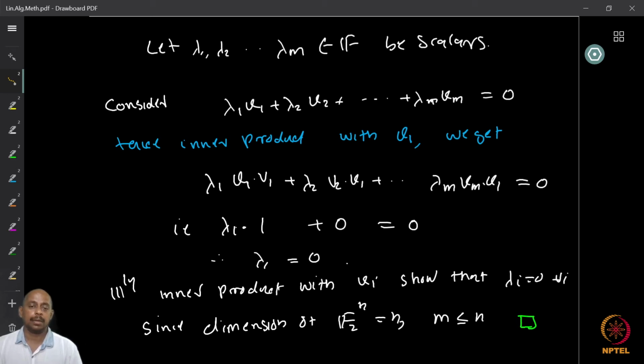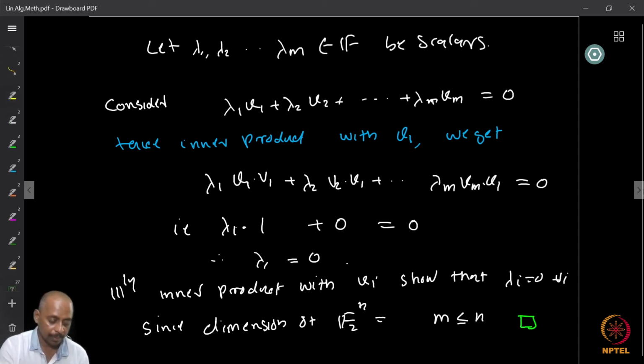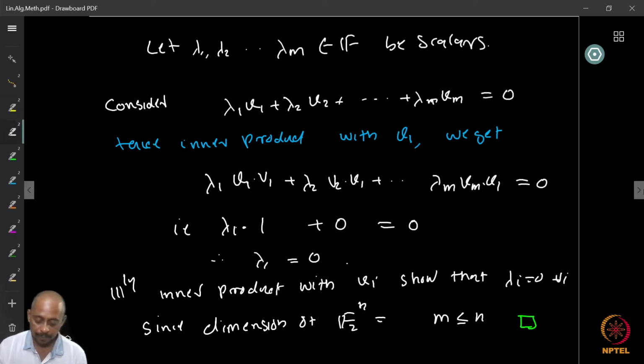The dimension of F2^n, which is basically the set of all length-n vectors in F2, is n.